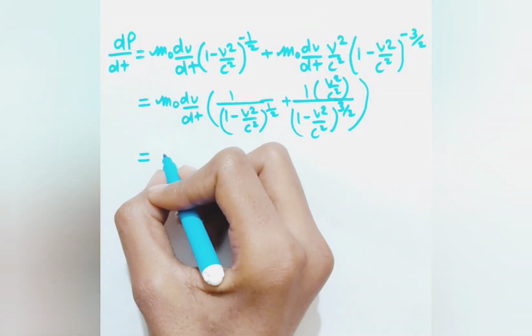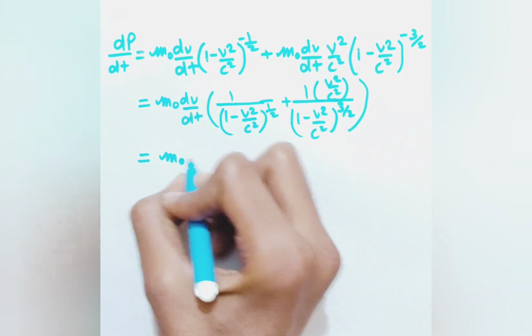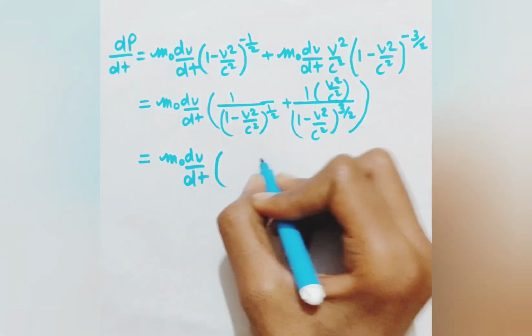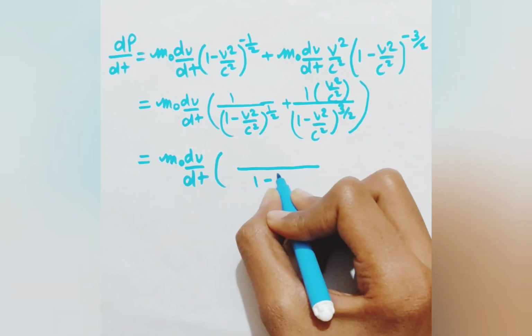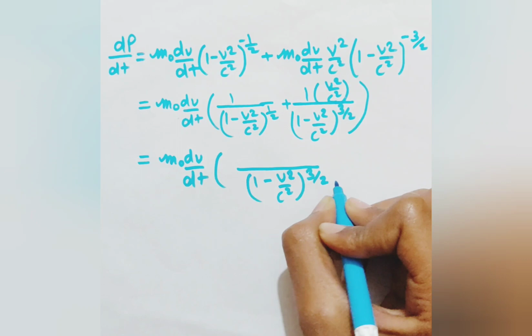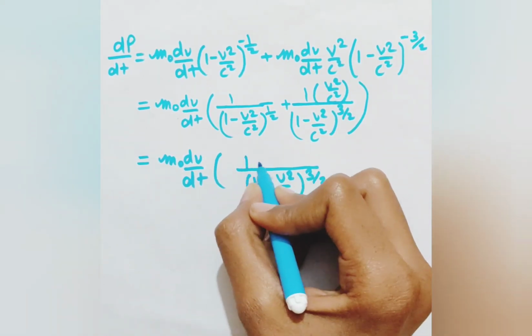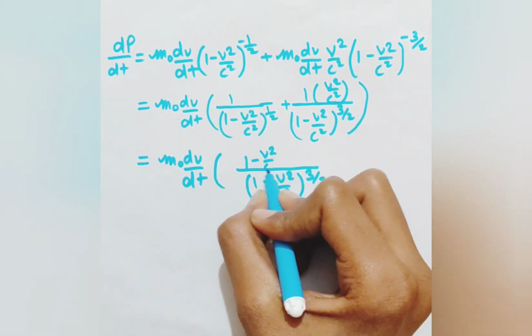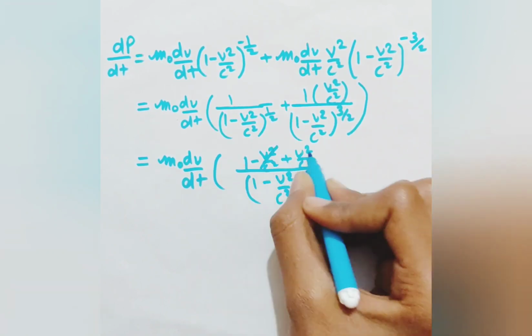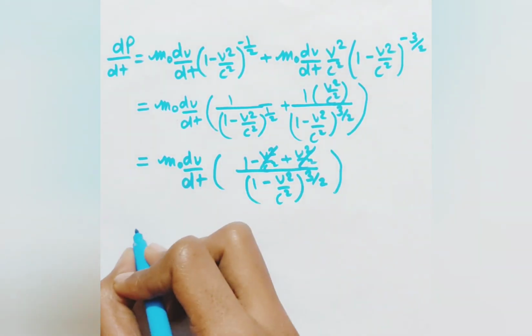So m naught dv by dt, and the LCM of these terms is 1 minus v squared over c squared to the power of 3/2, and 1 minus v squared over c squared plus v squared over c squared. These terms will cancel out.